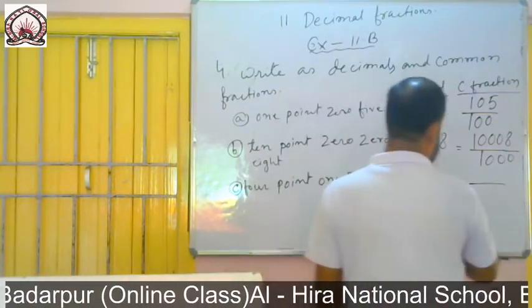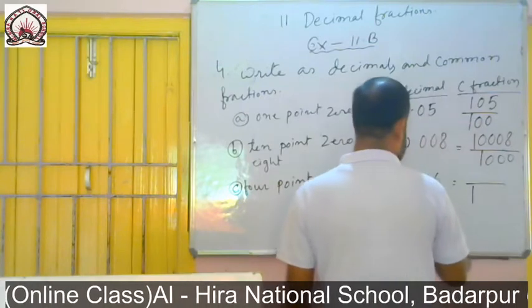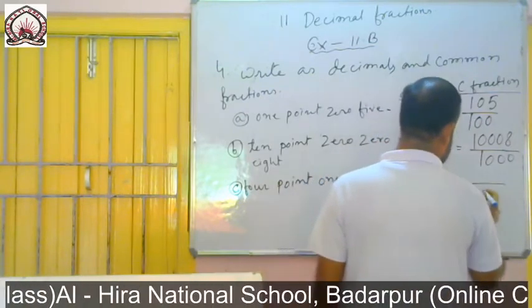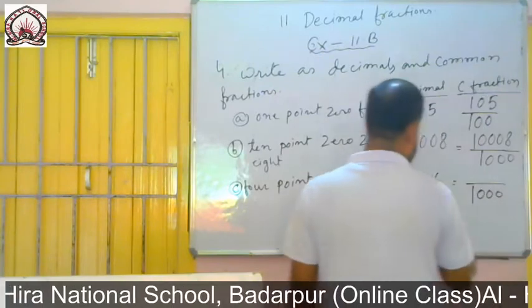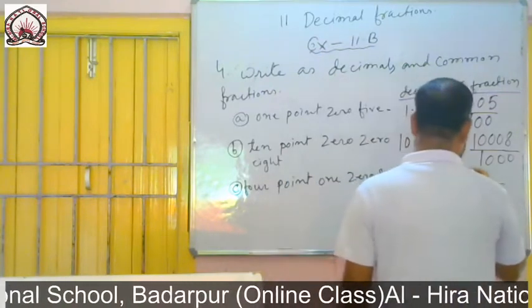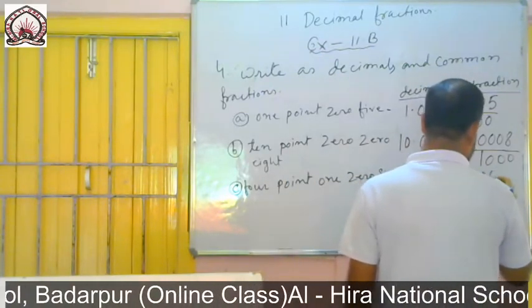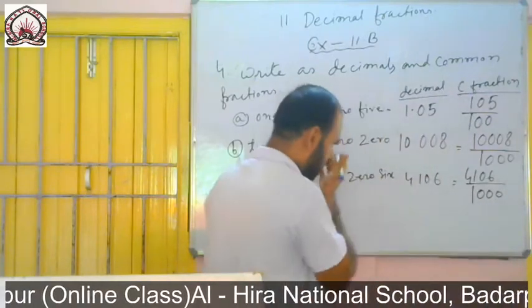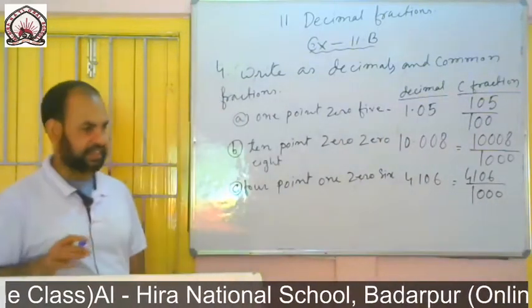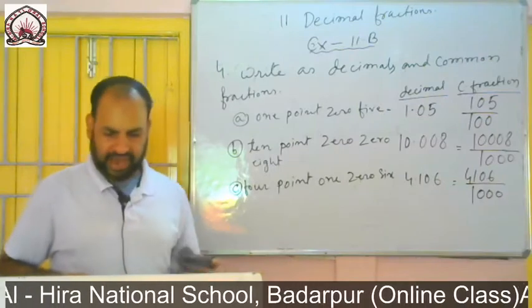In the denominator place 1 and 3 zeros, and without the point we write this number in the numerator place, that means 4106 by 1000.